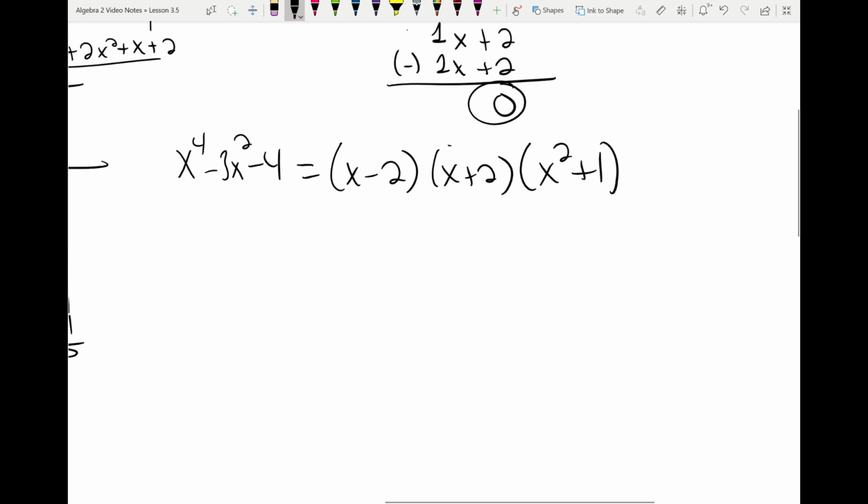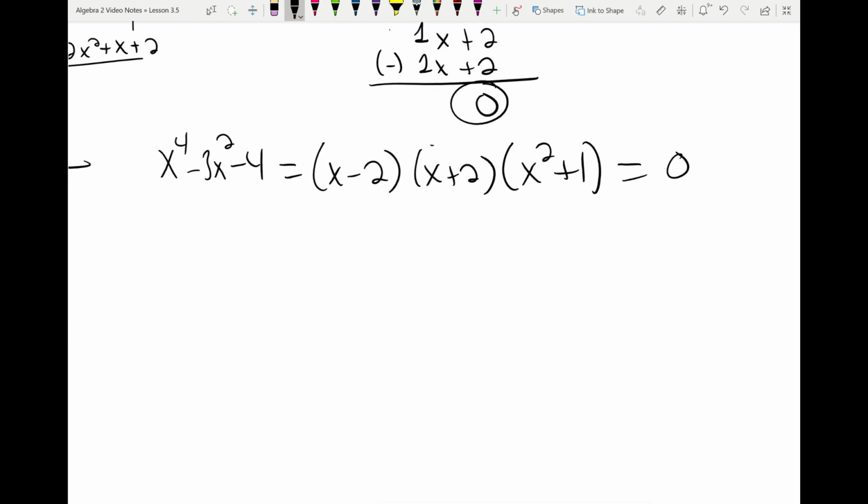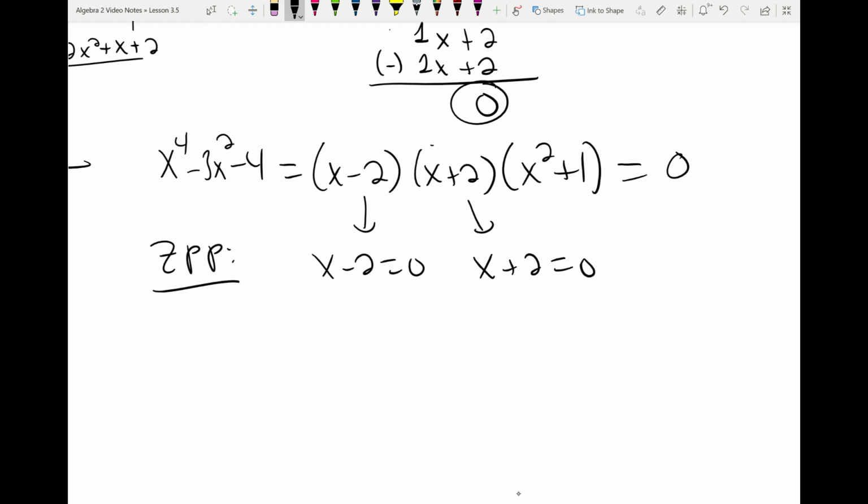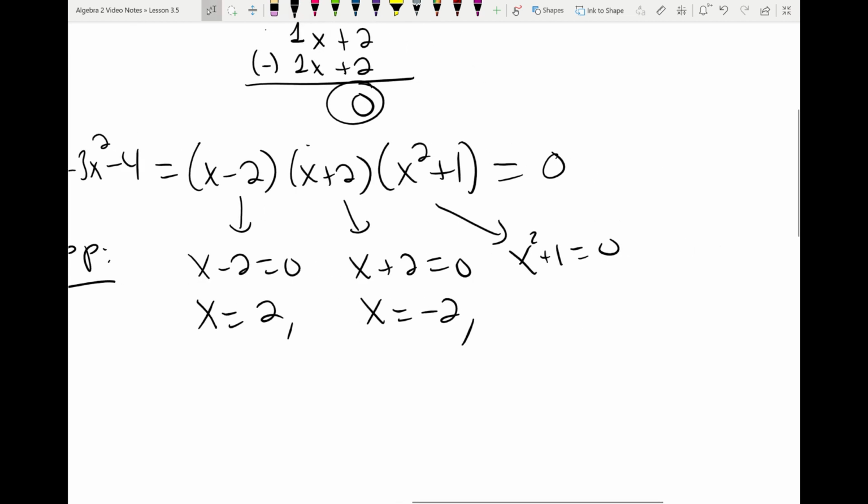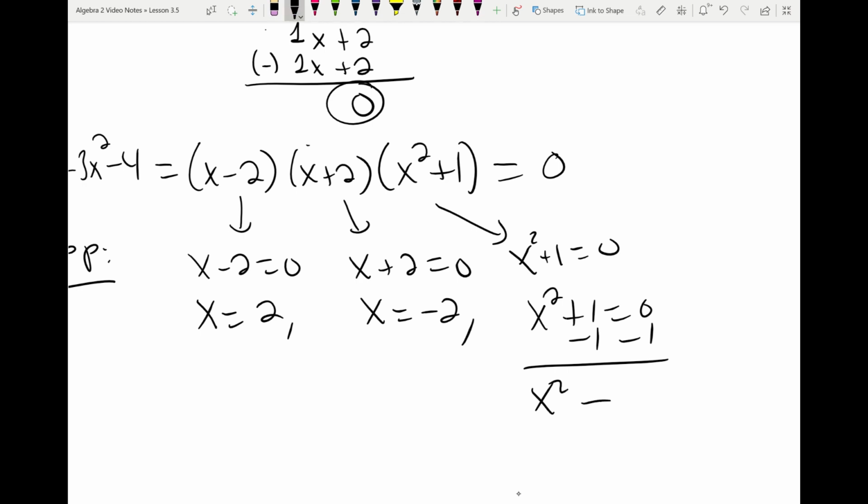So now we can set it equal to 0 and solve, use the ZPP. So we have x minus 2 equals 0, x plus 2 equals 0, x squared plus 1 equals 0. Of course, we already knew that these were 2 and negative 2. That's how we got them to begin with. But this one we need to actually solve by subtracting 1 on both sides and then taking the square root.